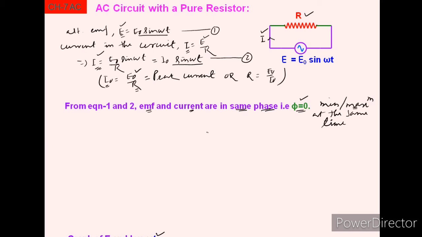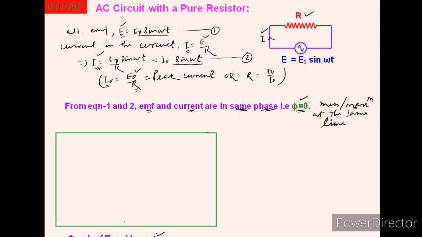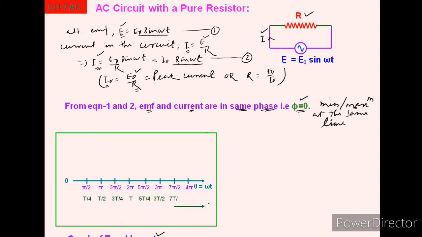This represents the graph. To represent the graph, on the x-axis let's take omega t. Then the phase angles are represented by pi by 2, pi, 3 pi by 2, 2 pi, and so on. We can even represent it by time, because in a time period T the phase angle covered is equal to 2 pi.